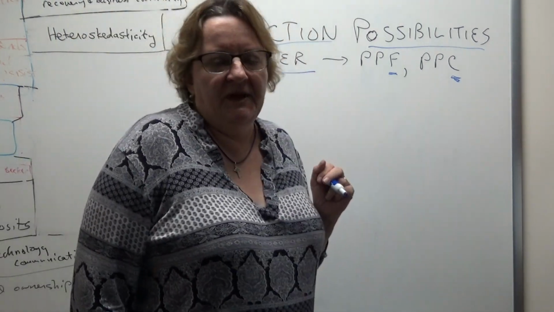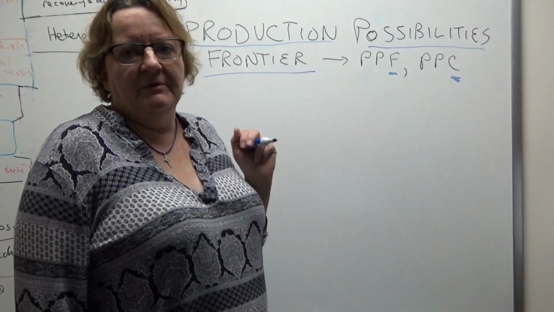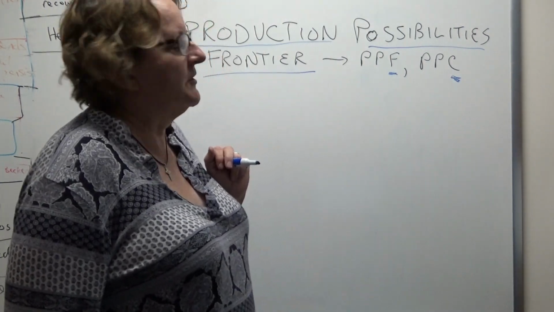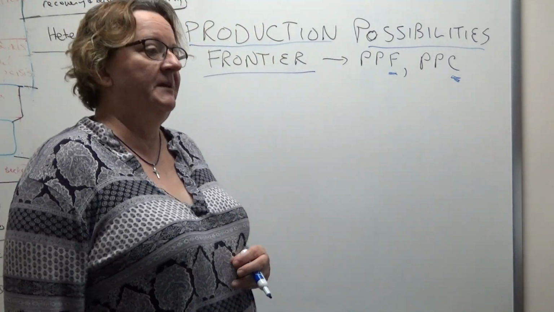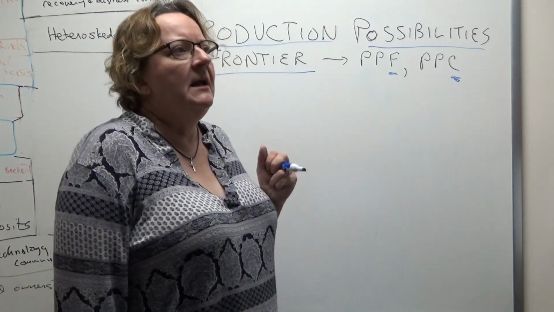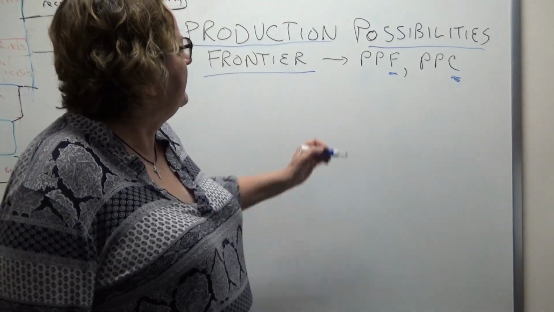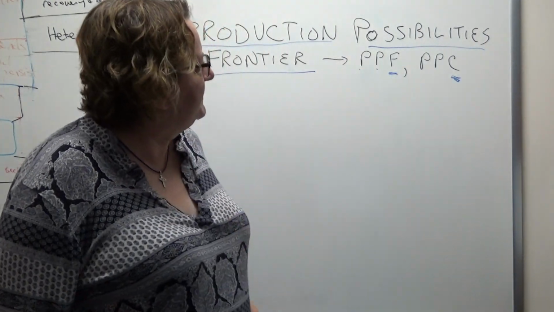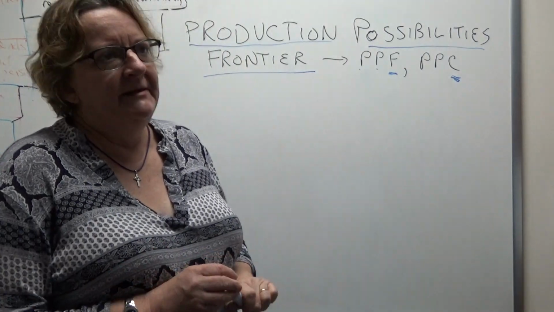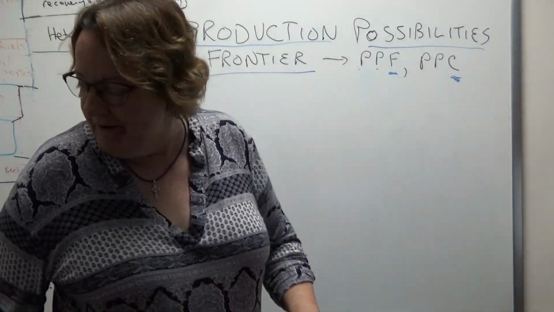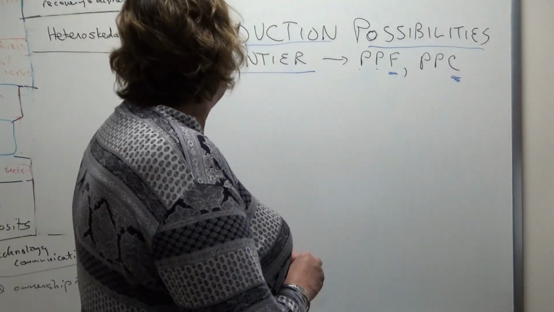It was in the textbooks forever as production possibilities curve. Someone wrote a textbook, they wanted to sound original, so they said frontier, and everybody liked it. So most of the textbooks since then have been PPF for frontier instead of PPC, but I'll use both terms because I was trained a long time ago, and that rolls off my tongue a little easier.